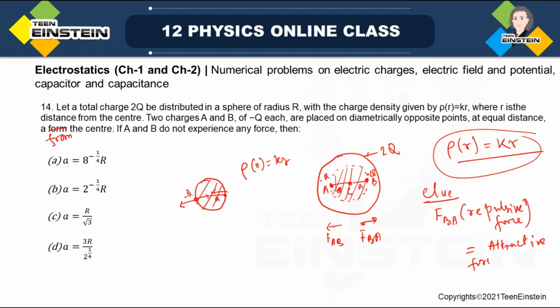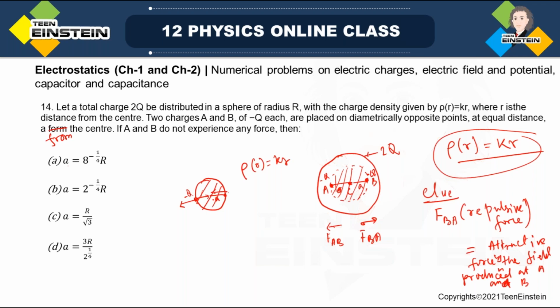Attractive force by the field produced at A and B. So both of them will be attracted towards the center due to the field produced by the charge contained in the small sphere of radius a.